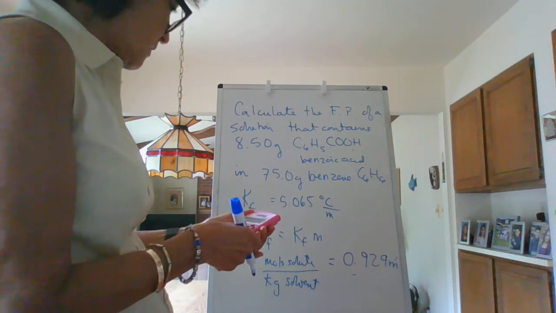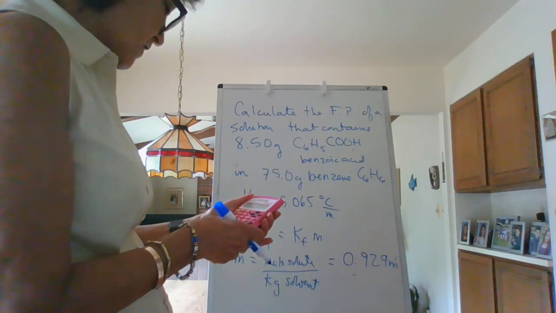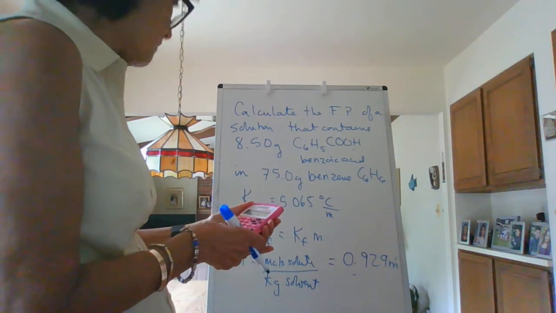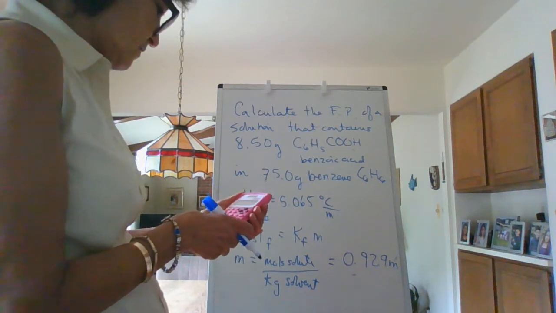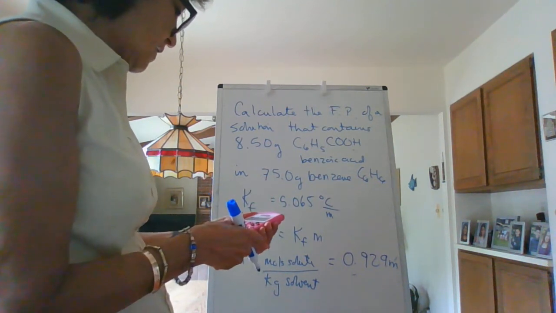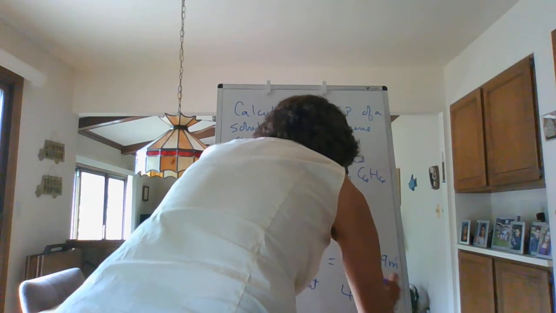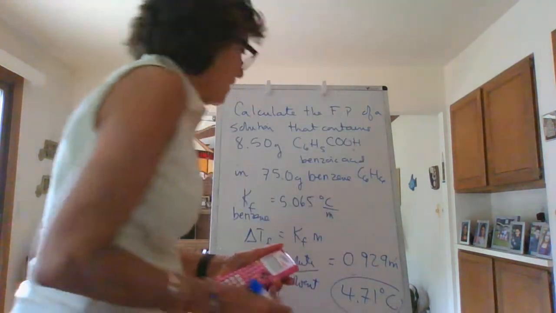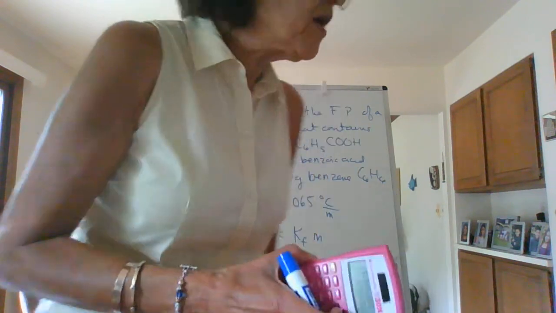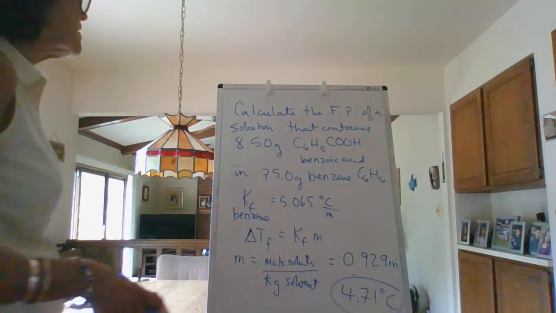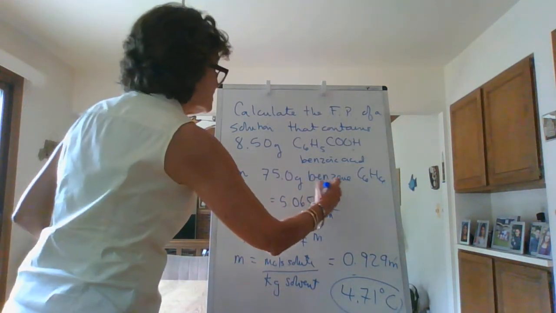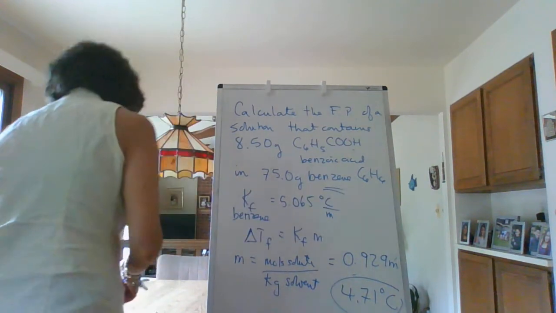0.929 times 5.065, and I have 4.71 degrees Celsius. So I'm going to go and subtract 4.71 degrees Celsius from the freezing point of pure benzene. What is the freezing point of pure benzene?